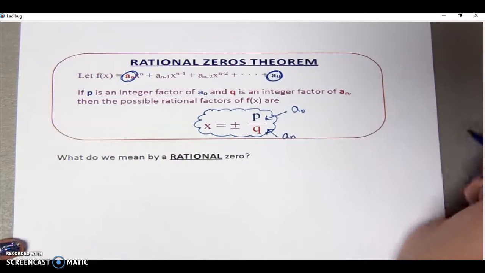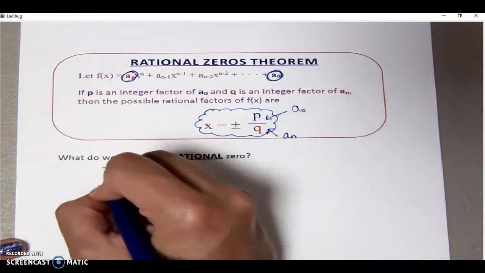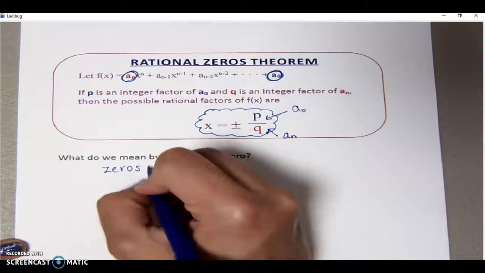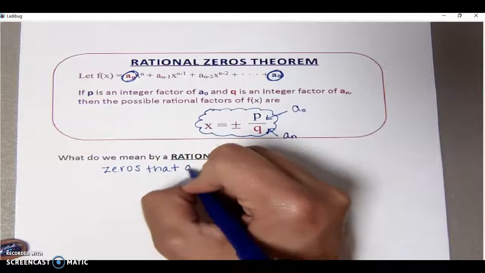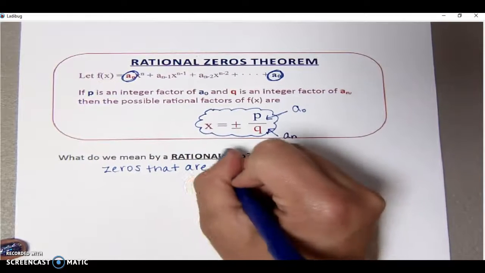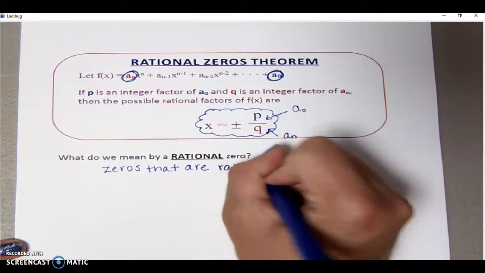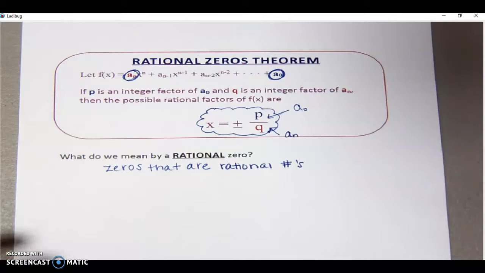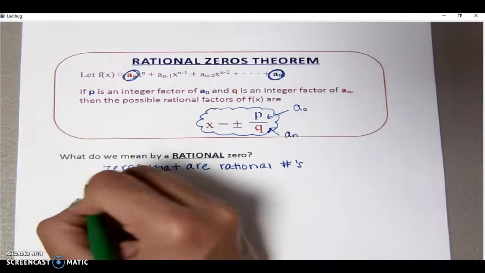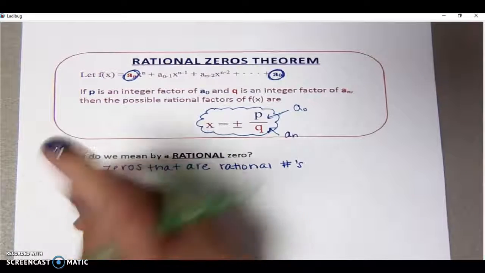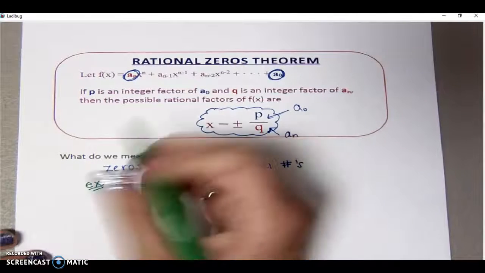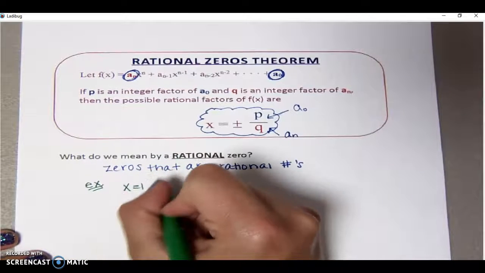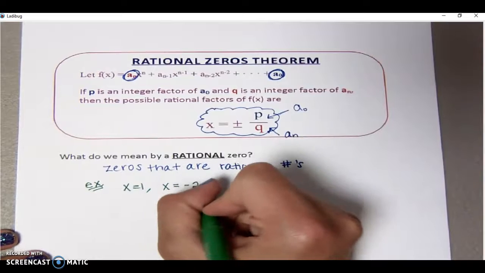Okay, so what do we mean by rational zeros? These are just zeros that are rational numbers. Some examples of rational numbers: any of your whole numbers are going to be rational numbers, like x equals 1, x equals -2.